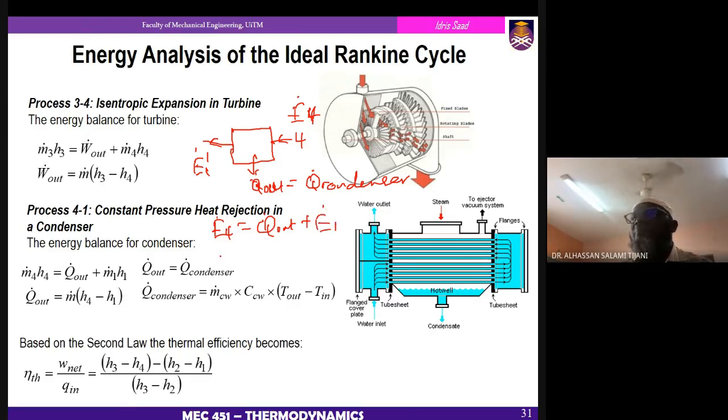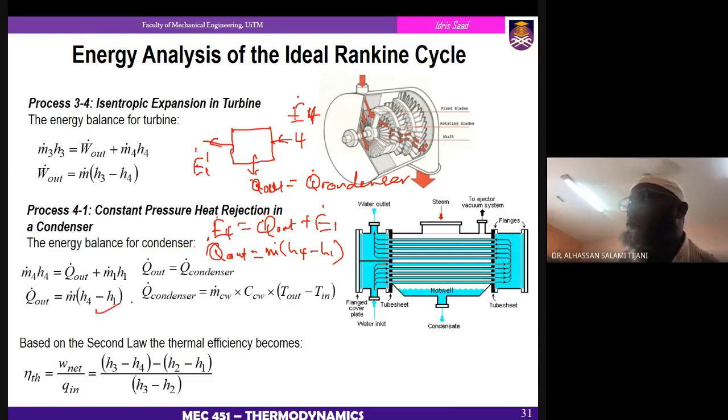So eventually, E4 is nothing, Q out gives us mass flow rate times H4 minus H1.